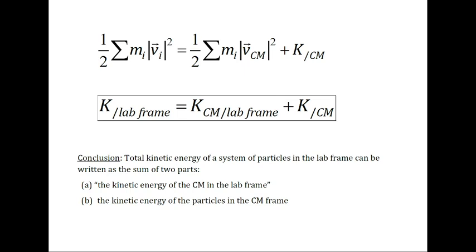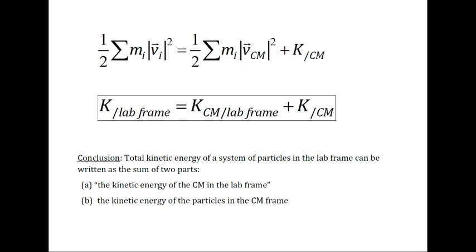So we can also understand this relationship, this equation in another sense, that if you're looking at a system of particles from the lab frame and they're moving around, their energy can be categorized into two parts. They have some kind of total kinetic energy, they're moving around, and that total kinetic energy is obviously what we have written on the left hand side.